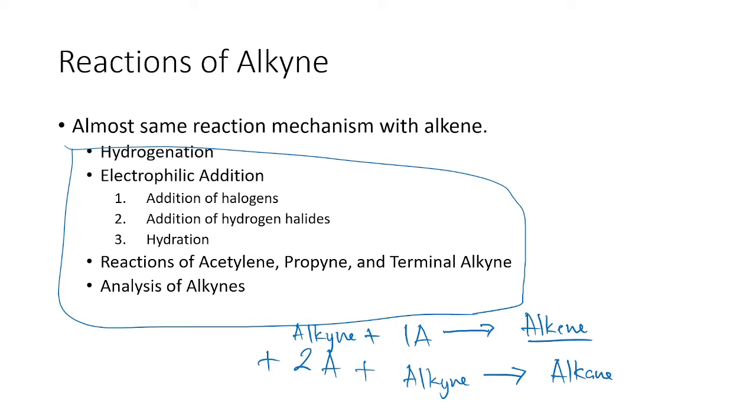But anyway, let's move on to the first reaction mechanism of alkynes, which is hydrogenation. By hydrogenation, as you may have remembered, we will just be adding hydrogen, just H, not H2. So how does this reaction proceed?